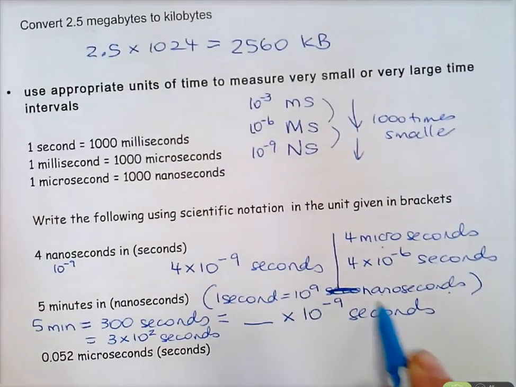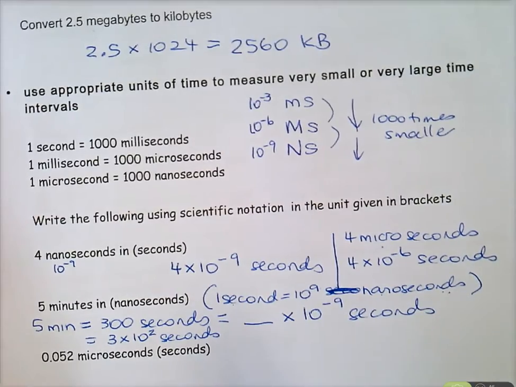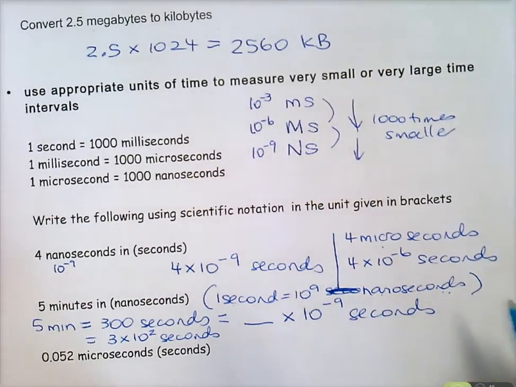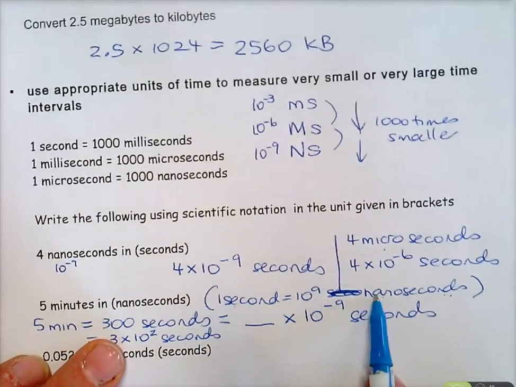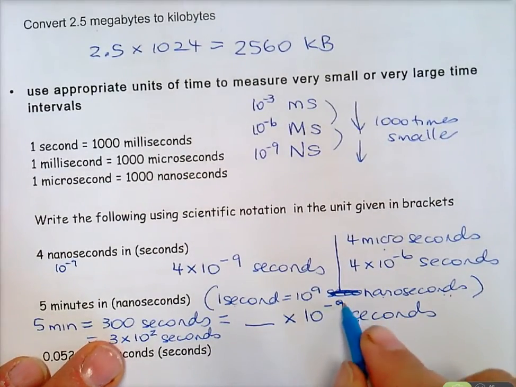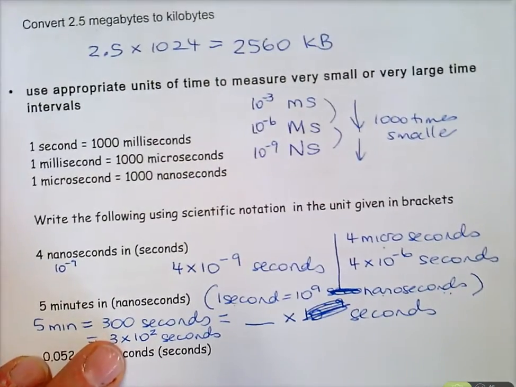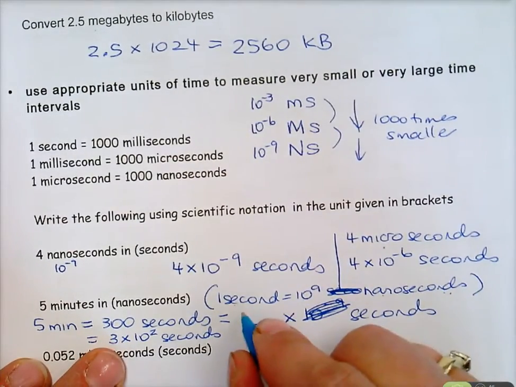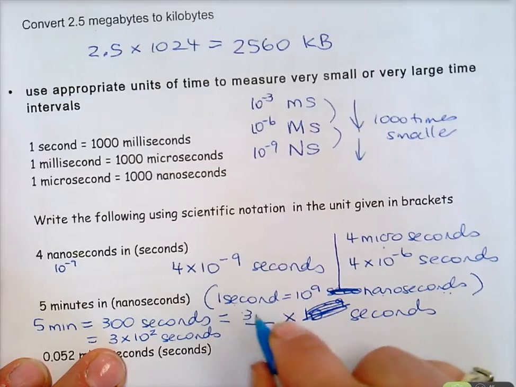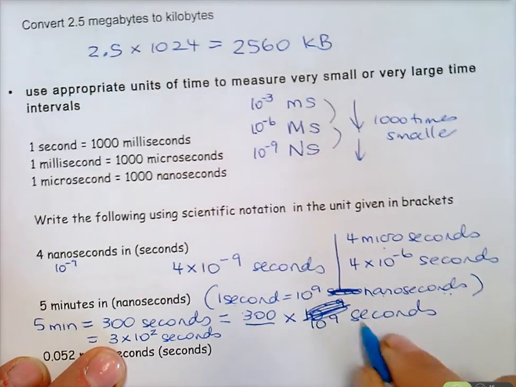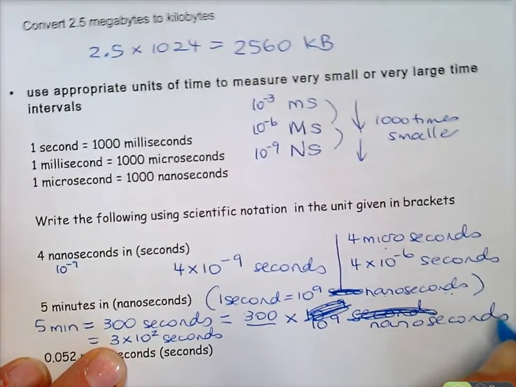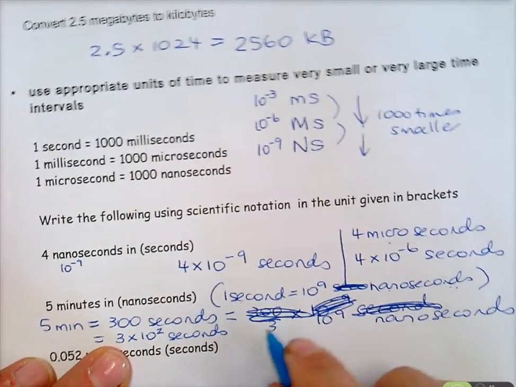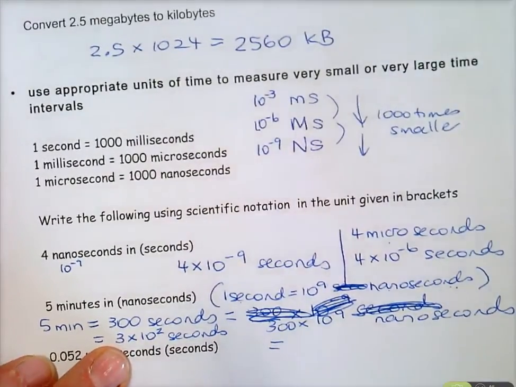So if 1 second is 10 to the power of 9 nanoseconds, 300 seconds is 300 times 10 to the power of 9 nanoseconds. Can you see what I've written? 300 times 10 to the 9.